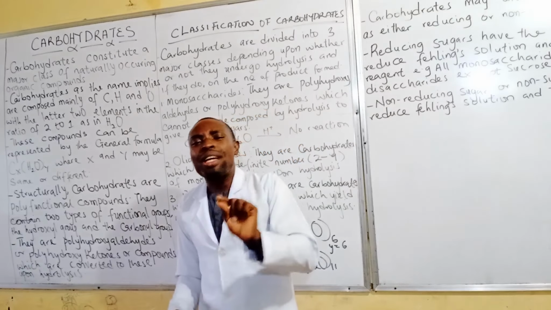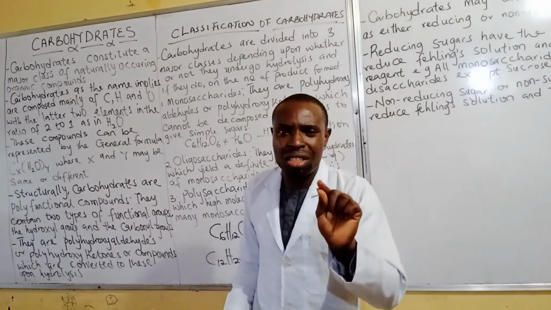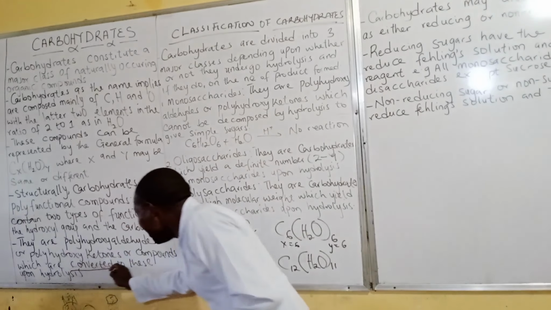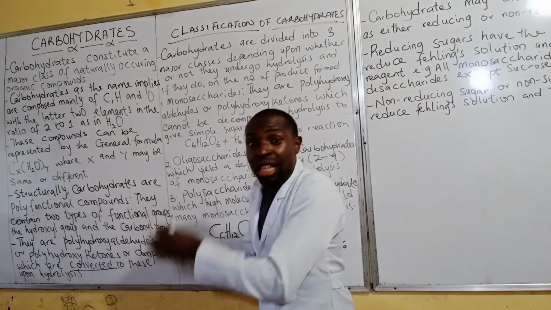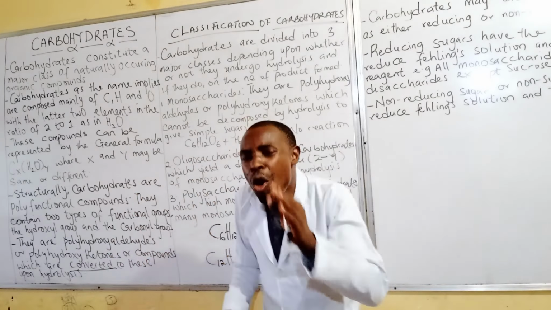On that note, we can define carbohydrates as organic compounds which consist of polyhydroxy ketones or polyhydroxyaldehydes, as we have here on the board, or compounds which are converted to these upon hydrolysis.